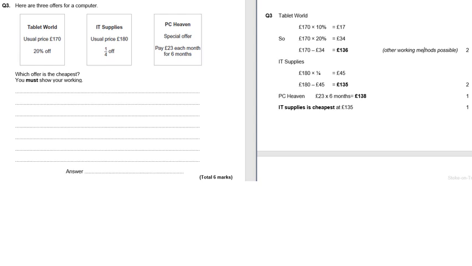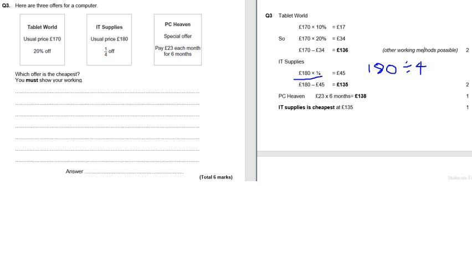So it says in the marking scheme you're allowed to use different methods. IT Supplies, a quarter off. So I would write 180 times this. That's what I write on my paper. If I was using my calculator, I would type this into my calculator, but this is a non-calculator exam.